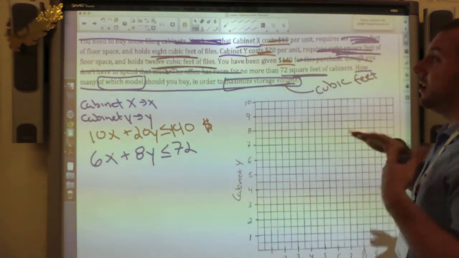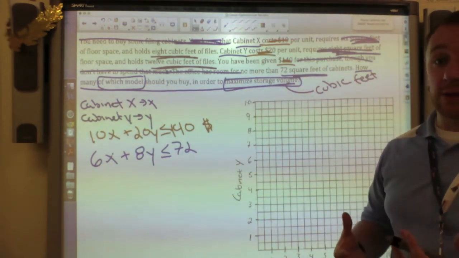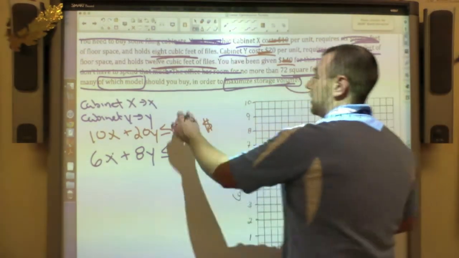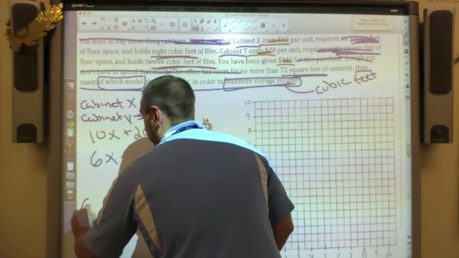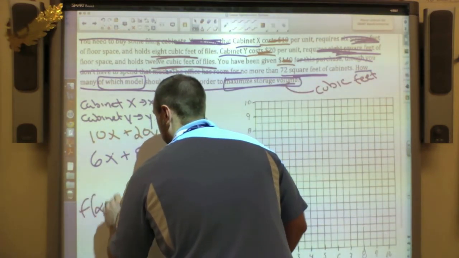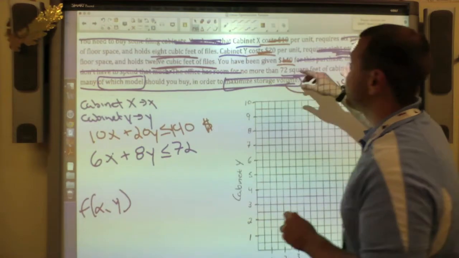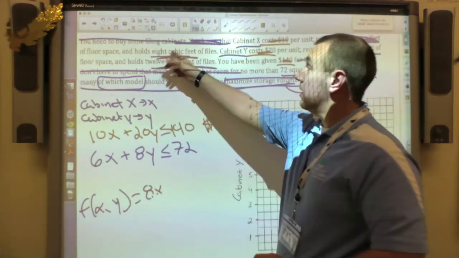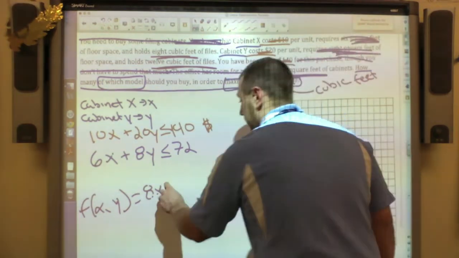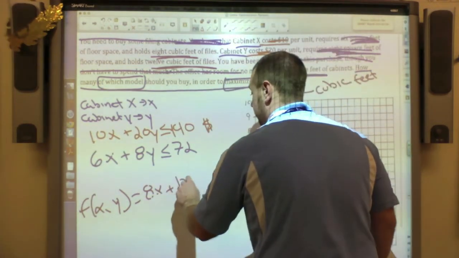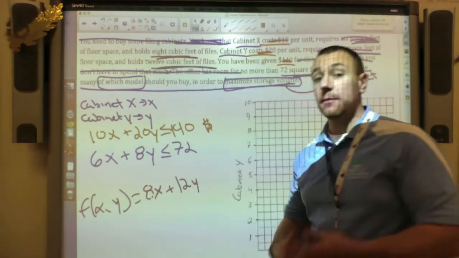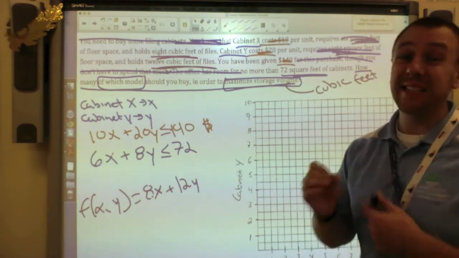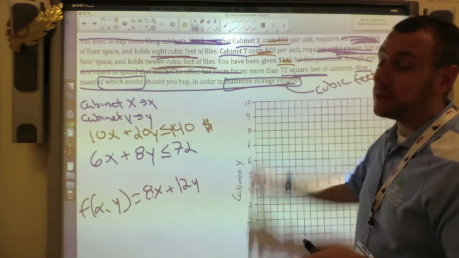So my profit, or my cost equation, my thing that I'm trying to maximize, the f of xy is going to end up being 8x, because that's how many cubic feet cabinet X holds, plus 12y. That's what I'm trying to maximize, okay? And it will tell you right there. And it was kind of slick how they did it, because they asked for volume.